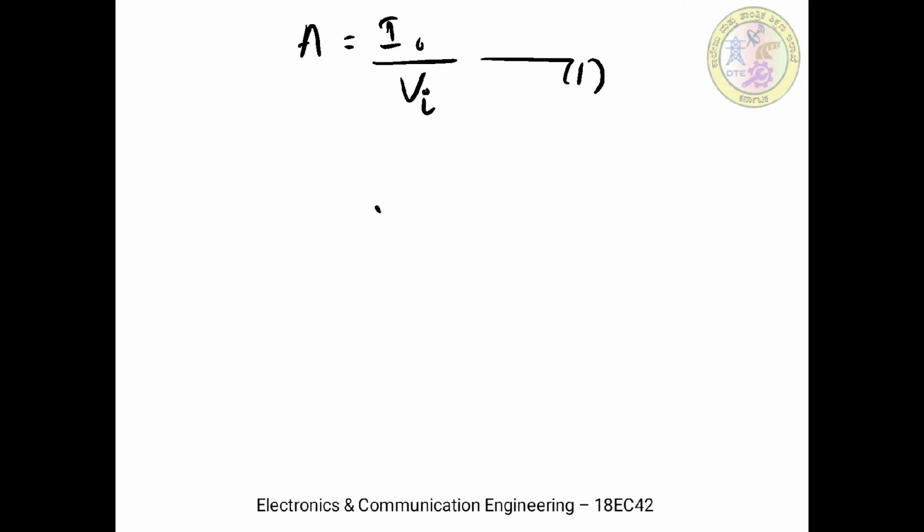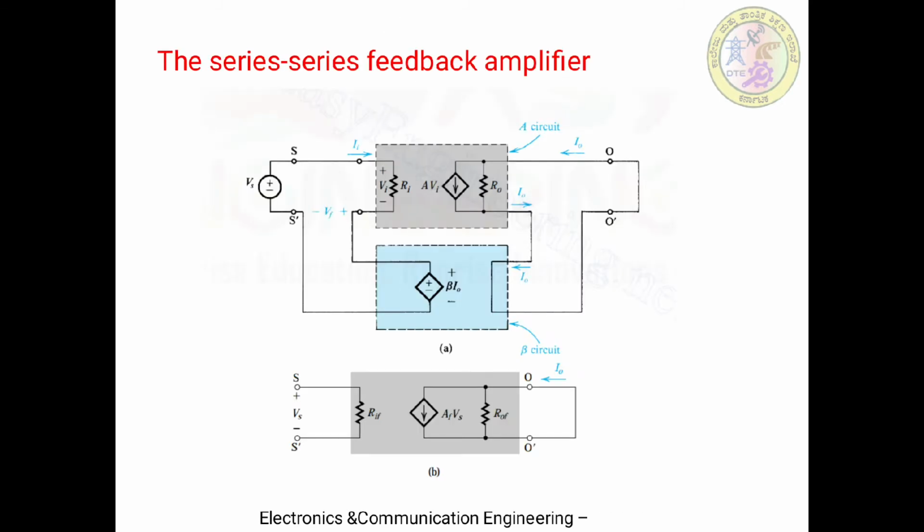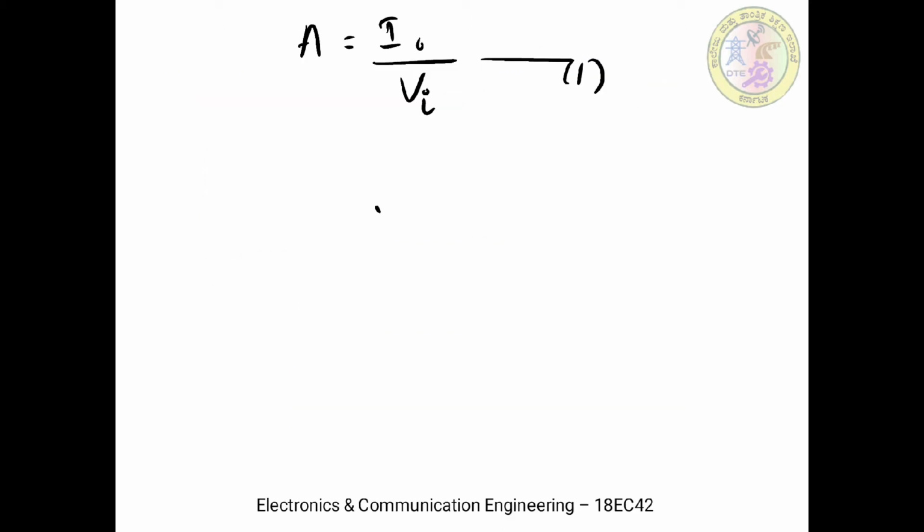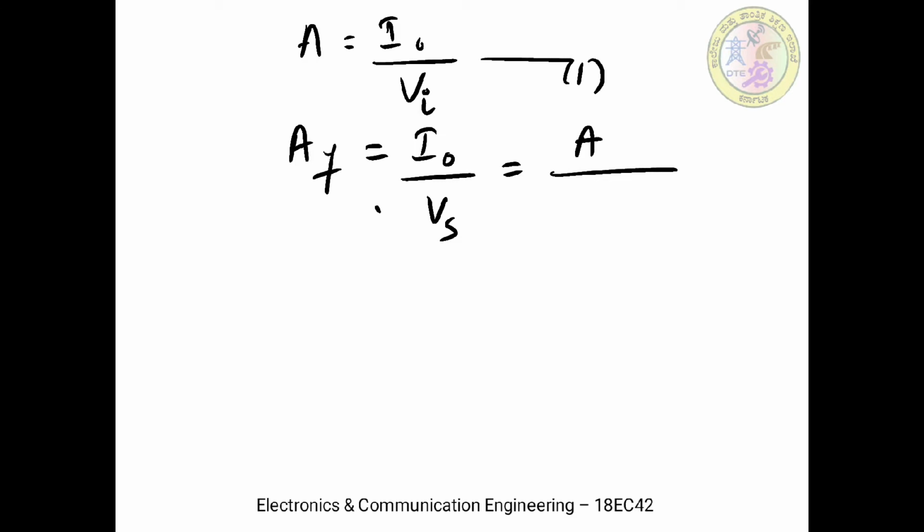Now referring to the model which is shown in figure A, it is possible to write the gain with the feedback, that is AF. So AF will be equal to I naught by Vs, and we know that in presence of feedback AF is given by A divided by 1 plus A into beta. Let us take this as equation 2.